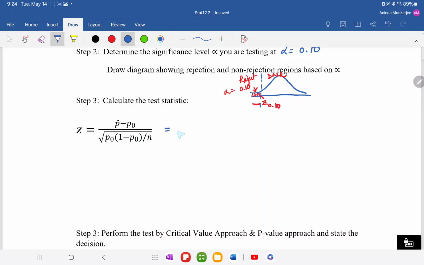So p hat is 0.2, minus p sub 0, which is 0.3, that's the null hypothesis proportion, divided by square root of p sub 0, which is 0.3, times 1 minus 0.3, divided by n, which is 40.